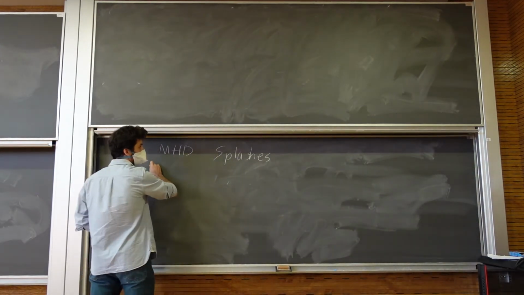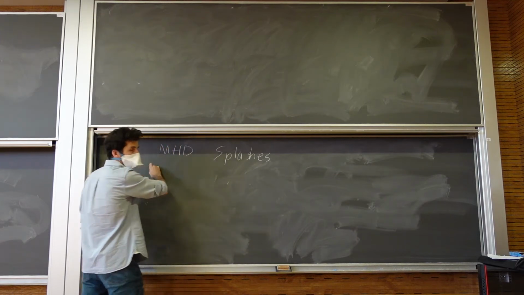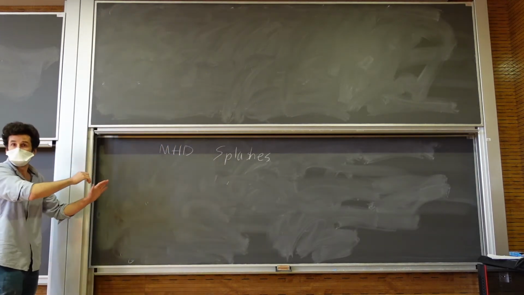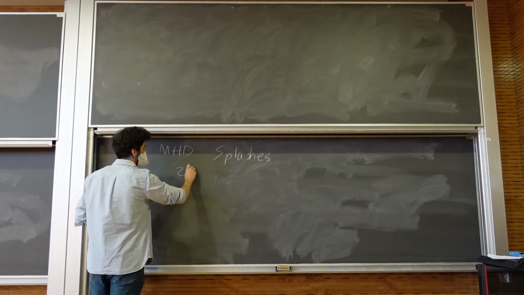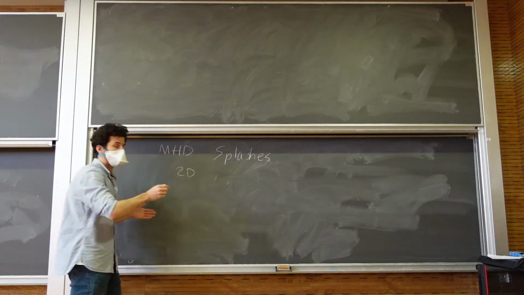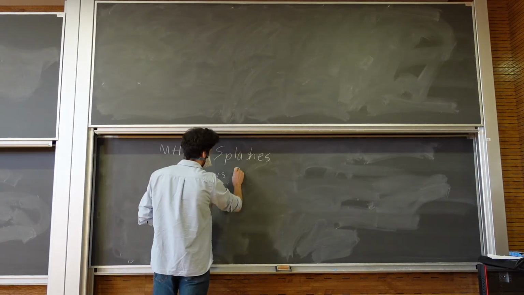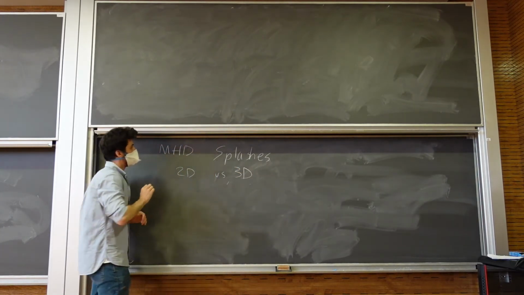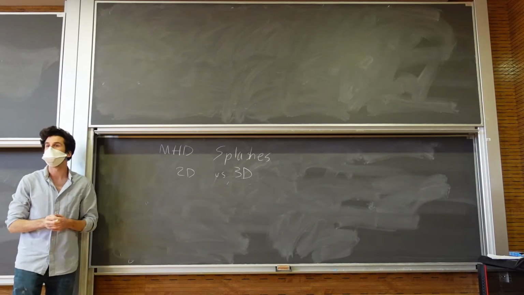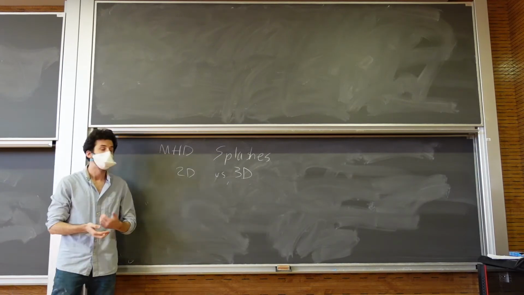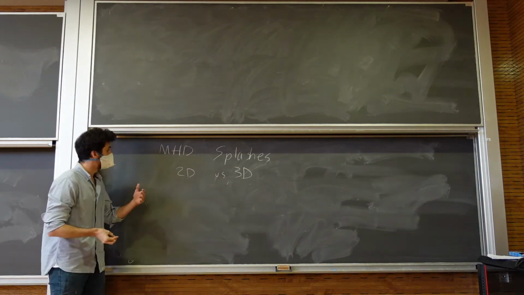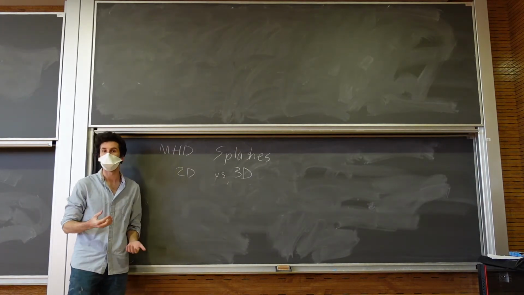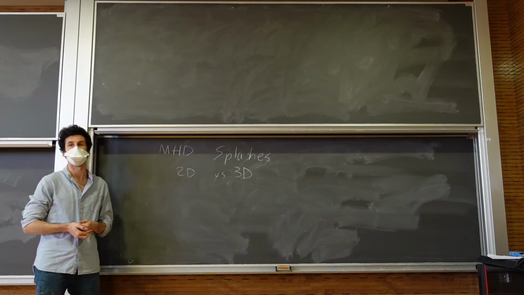Something else that goes with this problem, or any splash problems in general, is whether or not you want to consider the 2D problem or the 3D problem. And it seems like most of the time when people discuss splash singularities, it's convenient to work with the 2D problem if you can, or if that's where the interesting dynamics are.